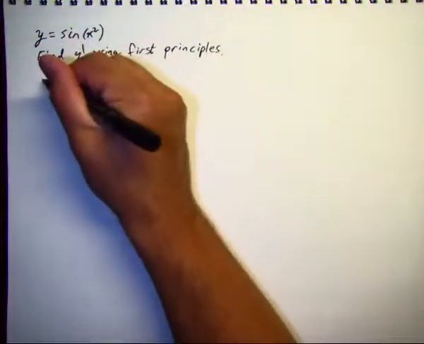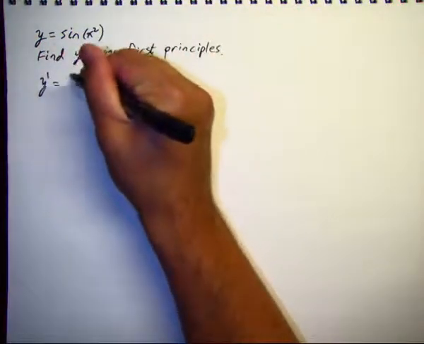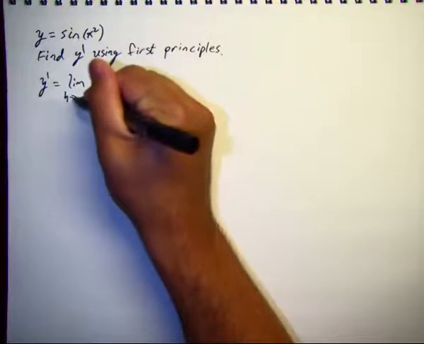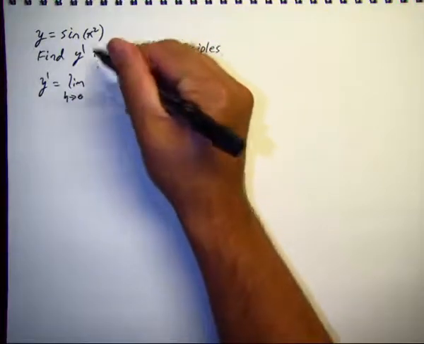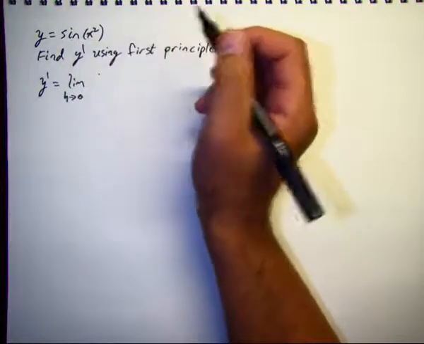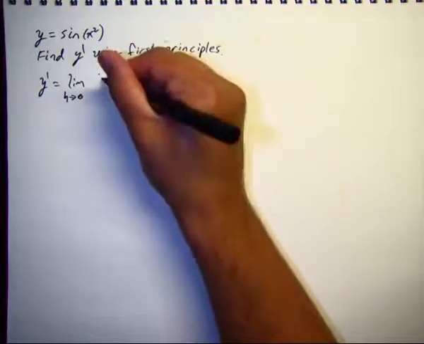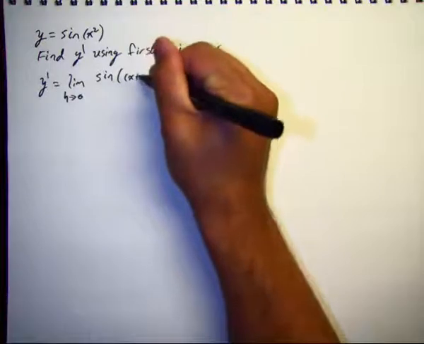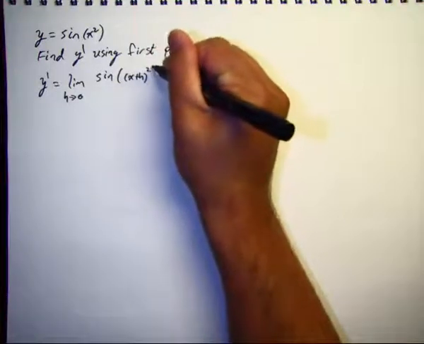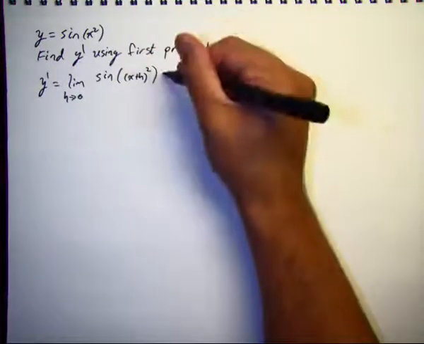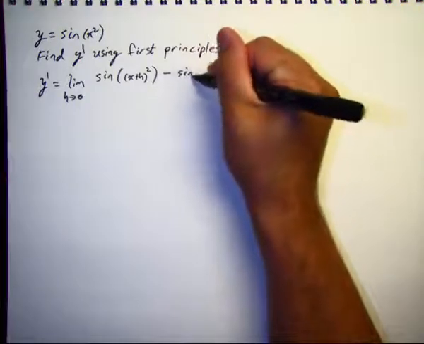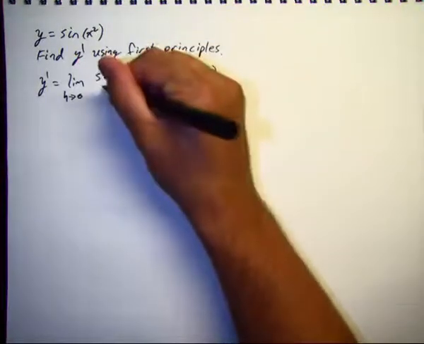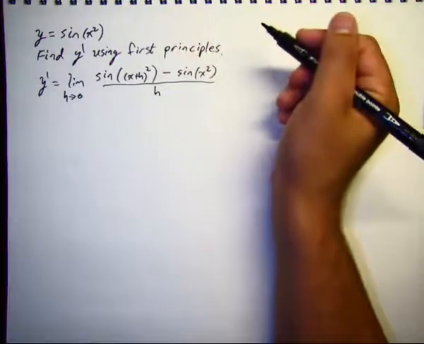So y prime is equal to the limit as h goes to 0 of our function evaluated at x plus h. Right, so that would be sine of, instead of x, we put in x plus h. That's the thing that gets squared, minus sine of x squared, all over h.